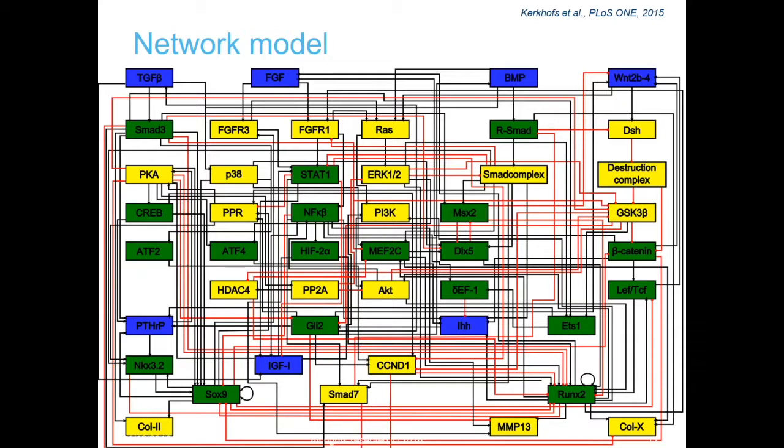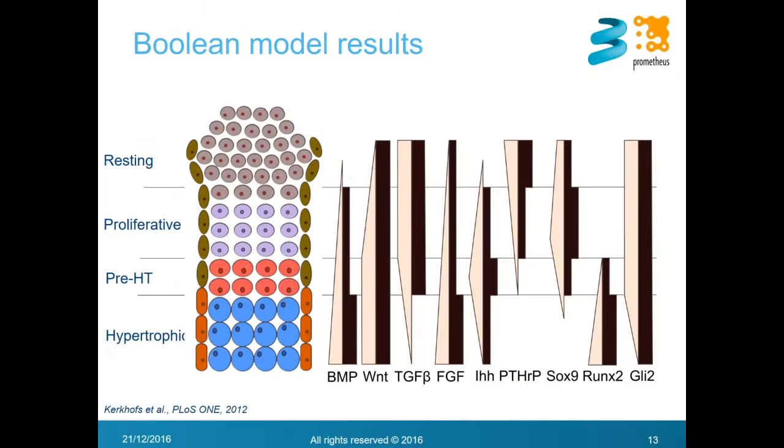You see transcription factors, you see growth factors, you see other proteins there. And what we do in first instance is actually, with the Boolean model, check if we can recapitulate the different stages of the growth plate. So in a growth plate, which is kind of the motor for growth in a bone, you have different zones.